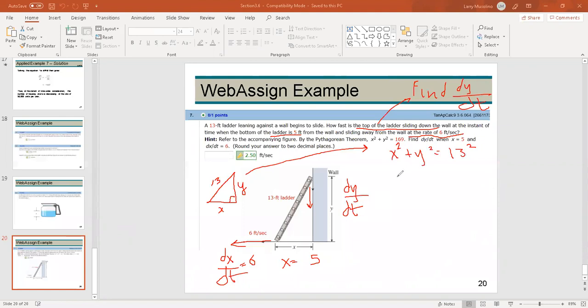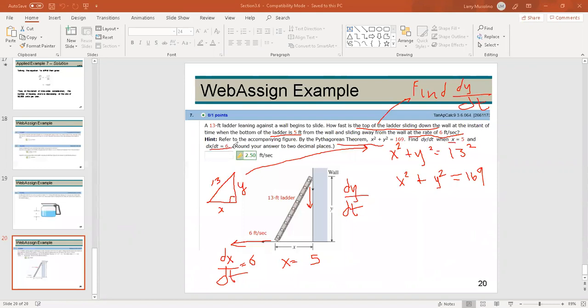But, of course, 13 squared is 169. So x squared plus y squared equals 169. I actually gave that equation to you in the hint. Here the hint says, by the Pythagorean theorem, x squared plus y squared equals 169. You find dy dt when x equals 5 and dx dt equals 6.